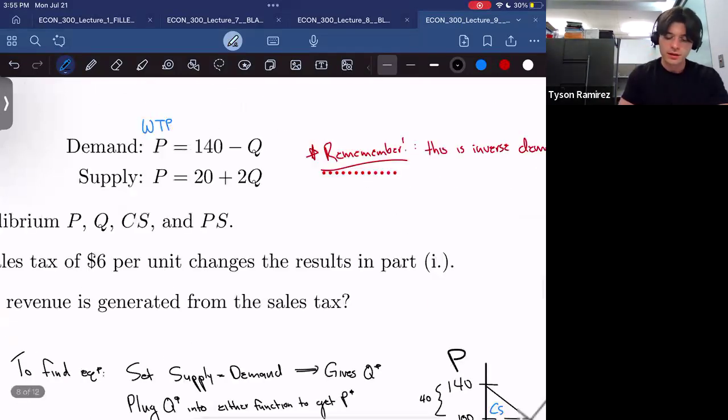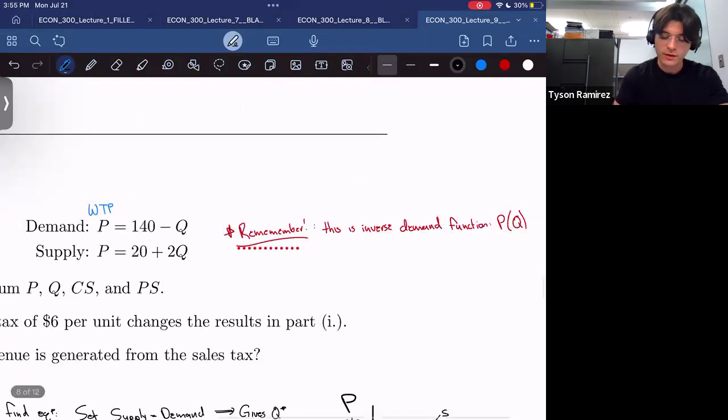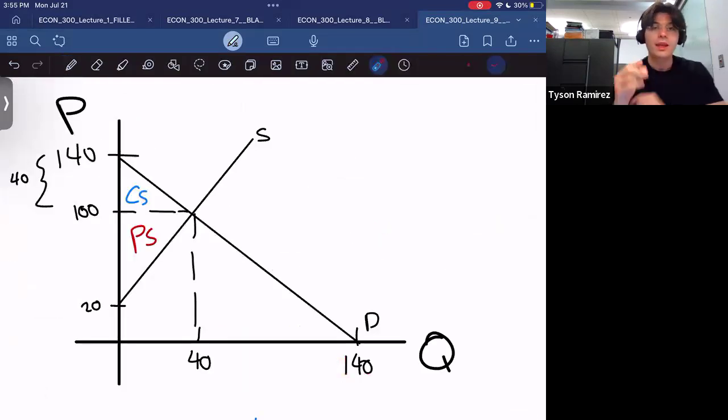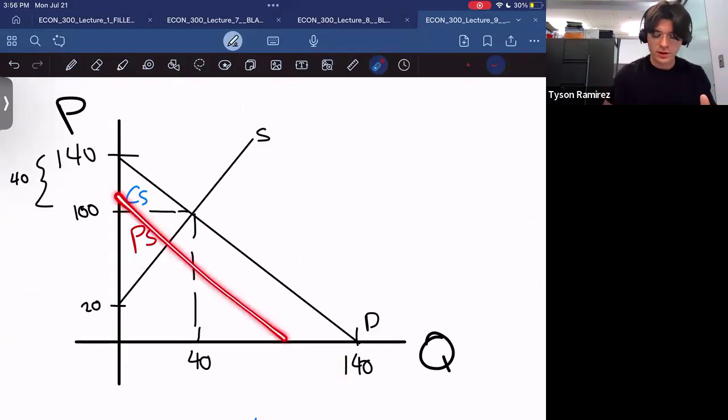Here's our graph. This shifts our demand curve to the left. How do we do that? To go from here to here and keep the same slope, what changed? The intercept changed. How do we change the intercept? You're going to subtract a number from that curve.